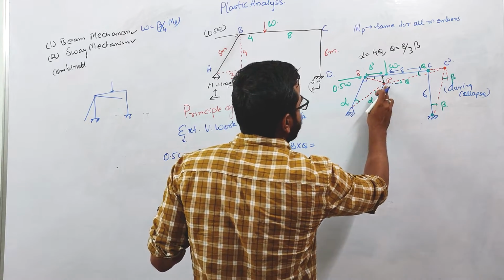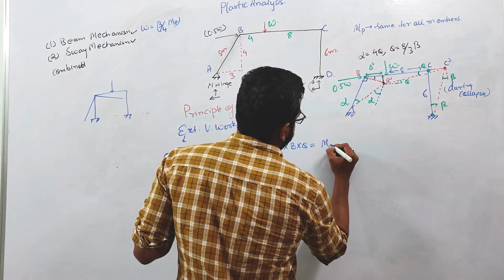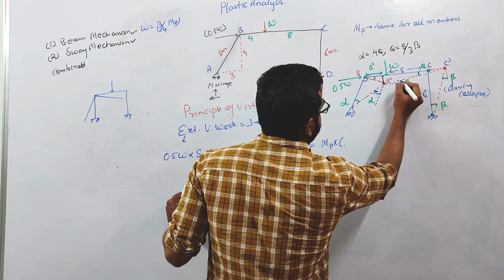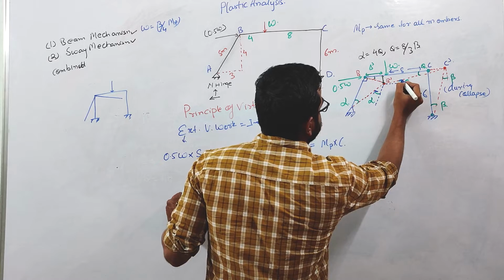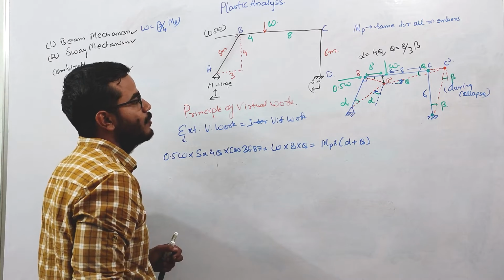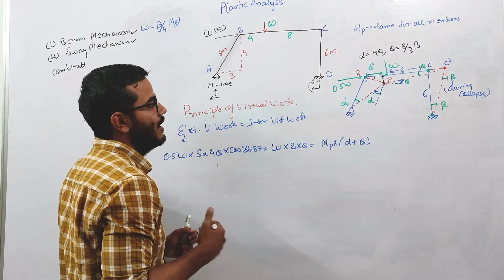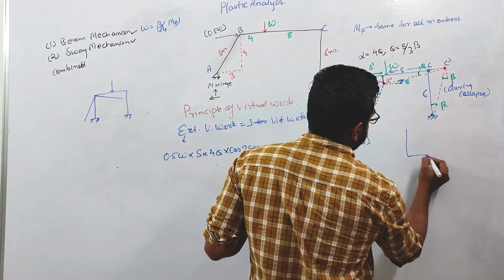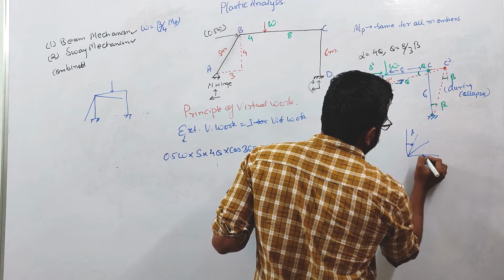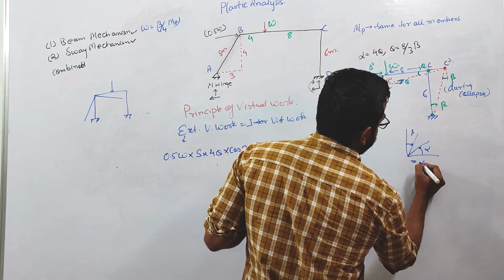Plastic hinges are forming at this B dash point, and this point. So I can write here MP into, here the direction of rotation is clockwise, and here the direction of rotation is anti-clockwise. So both the thetas will add, so this is alpha plus theta. If someone asks what is the net rotation between these two members, that will be alpha plus theta, because both the thetas are in opposite directions. If the angle between two members is 90, and one is rotating by beta and the other by alpha, then the change in angle is alpha plus beta.